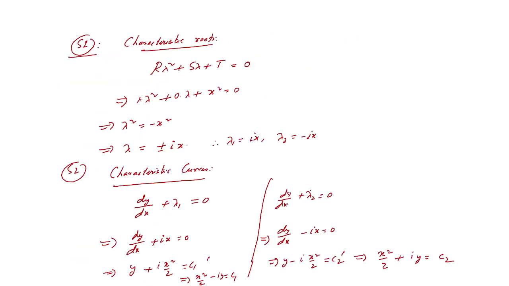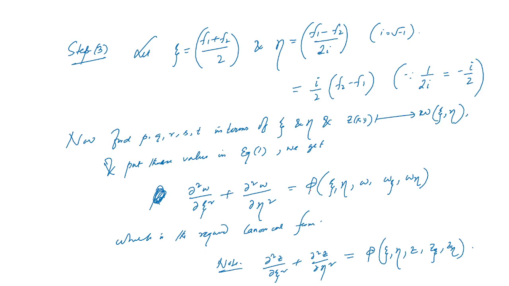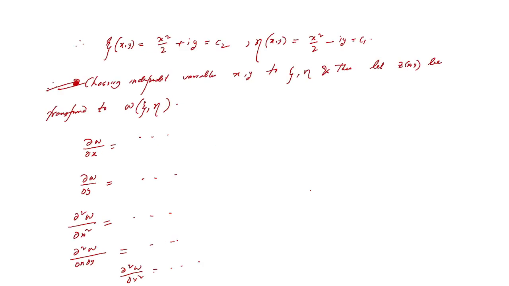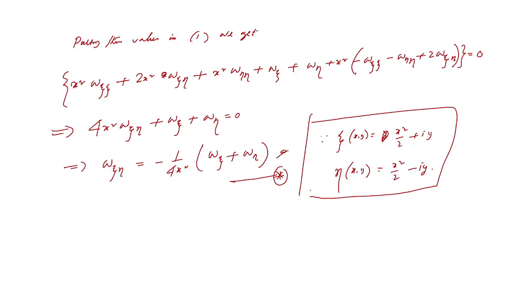But what I said here, in steps we'll take ξ = (f1 + f2)/2 and η = (f1 - f2)/2. In place of ξ, η, we'll let α = (f1 + f2)/2 and β = (f1 - f2)/2i, or we can put i/2 (f2 - f1).